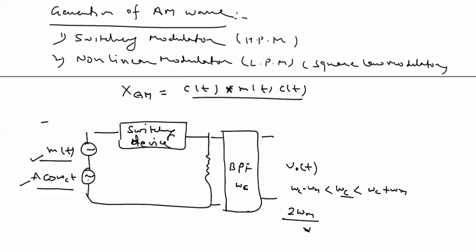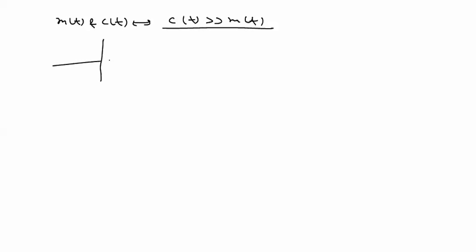So we start with this idea of how the switching modulator works. The combination of these two is applied to the switching modulator. We took some assumptions here. Carrier frequency is always above the message signal frequency. Means driving frequency is carrier frequency.